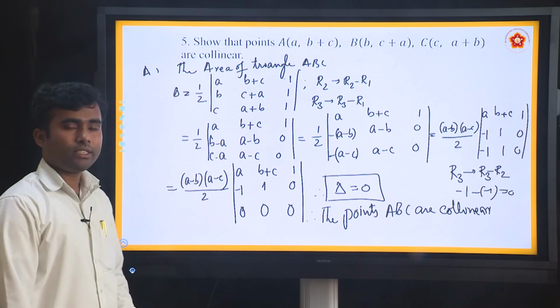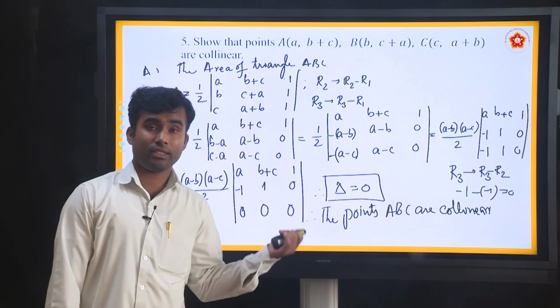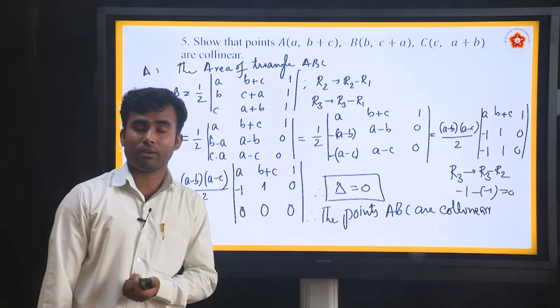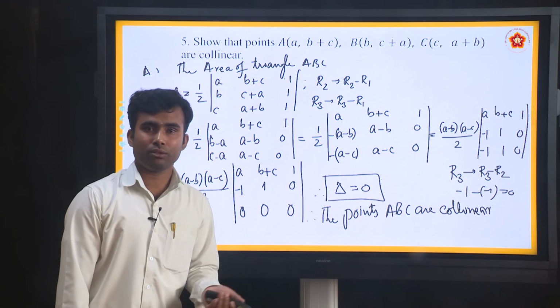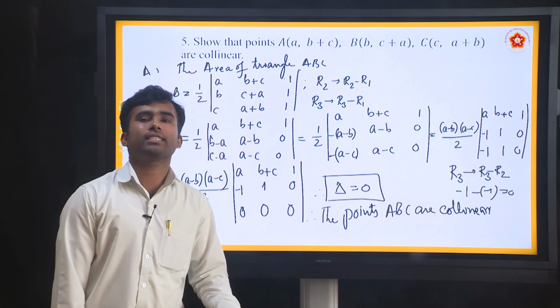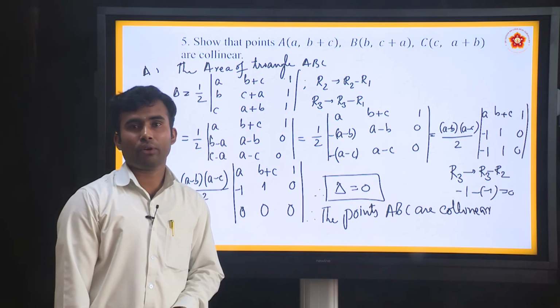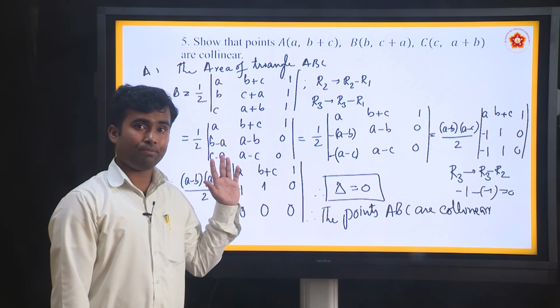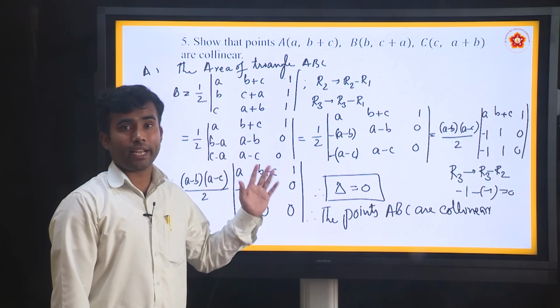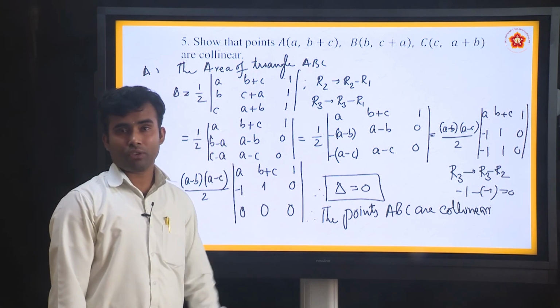So here we have solved problems on finding the area of a triangle as well as finding the equation of a line using determinants. From the examination point of view, you are definitely going to get 2 marks in part B of your question paper.